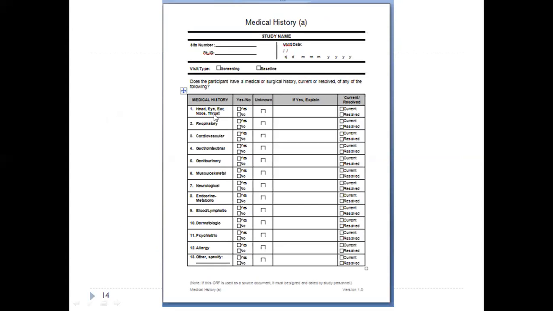Suppose the patient has a medical history, that is symptoms suggestive of a head, eye, ear, nose or throat complaint, then you will write yes or no. If it is unknown, if yes, then you have to explain what kind of complaints that patient had in this column, and then in the next column you will say whether that particular complaint is present currently or it has been resolved. Also you can record other complaints. So this is a clinical record pro forma.